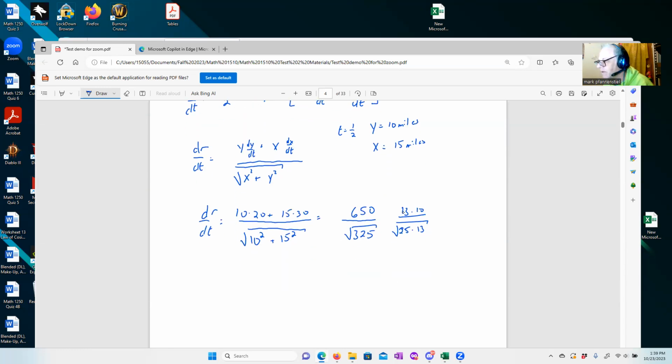So we can do some algebra trickery here and deal with dr by dt is equal to 10 times 13 over the square root of 25 is 5, and then we still have the square root of 13 under here. So this is just going to be 10 over 5 is 2, and then we have 13 over root 13, where the root 13s are going to cancel, and I'm just going to have 2 root 13.